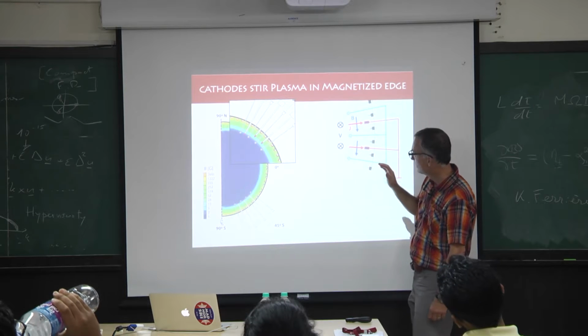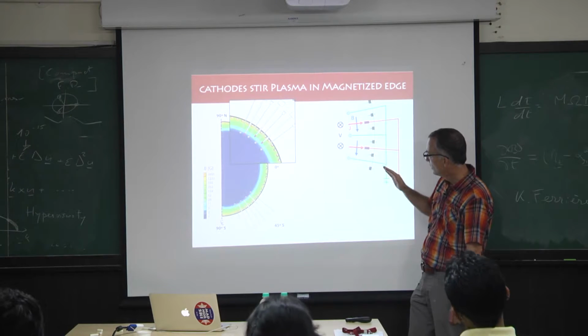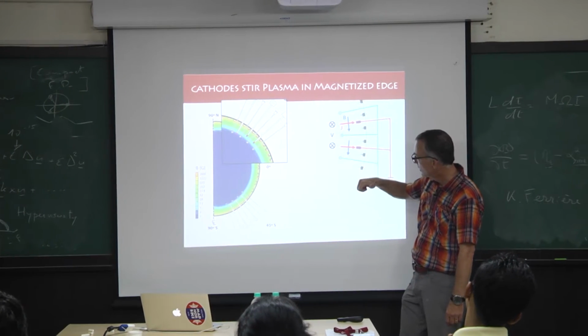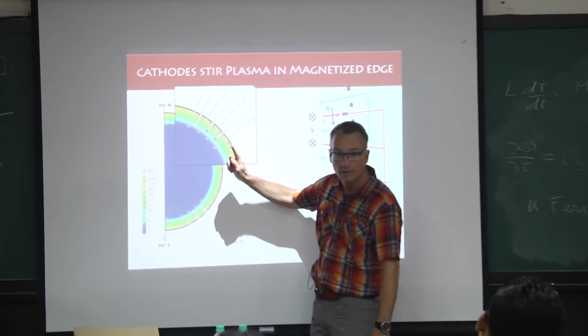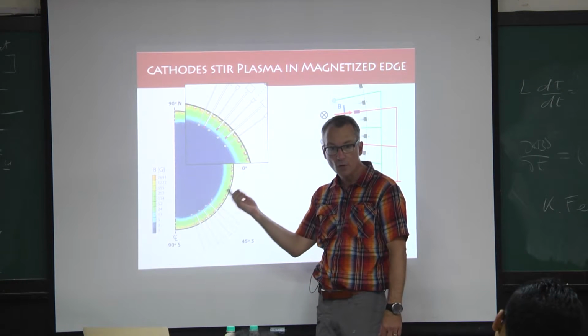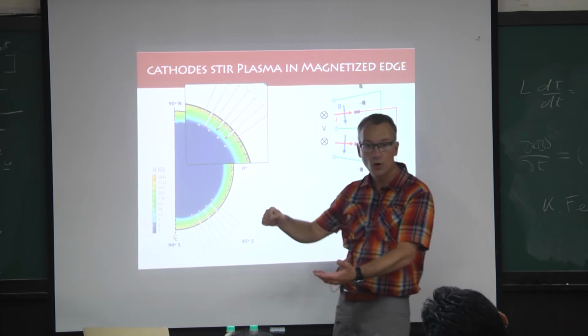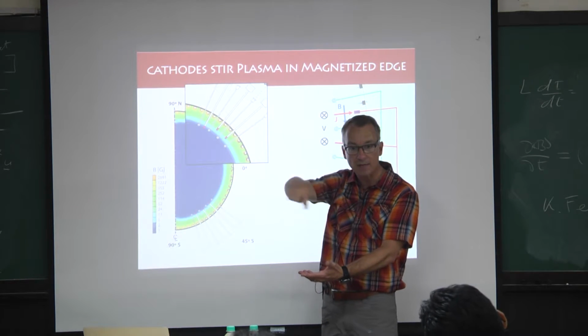And so that gives a force which is out of the plane, and this system is axisymmetric. It gives a force which is out of the plane and therefore gives a torque on the plasma to make it spin.